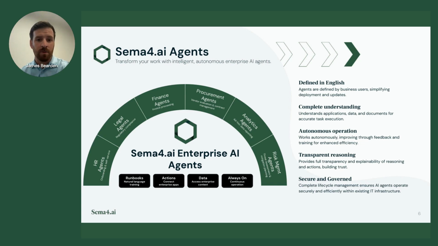In the Sema4 world, we want you to think of us as your horizontal platform to be able to build enterprise-grade AI agents across all of your lines of business. So we will focus on a finance back office use case today, but as we're going through this presentation, think through all of your use cases.